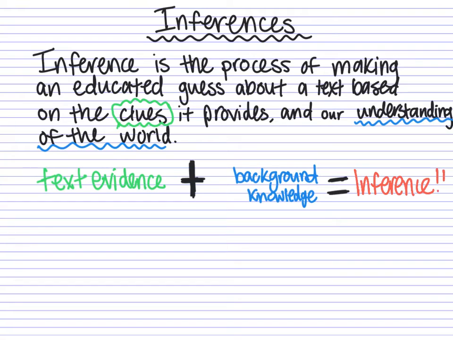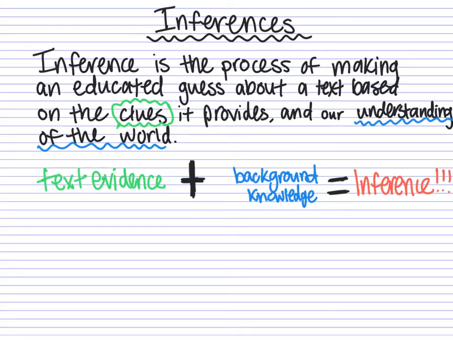Woo! Yeah, this is our math equation, sixth graders. I know you're all super duper impressed. What we have here is text evidence plus our own background knowledge equals an inference.